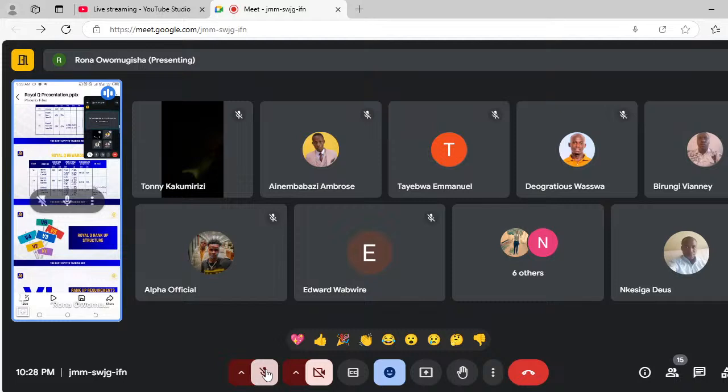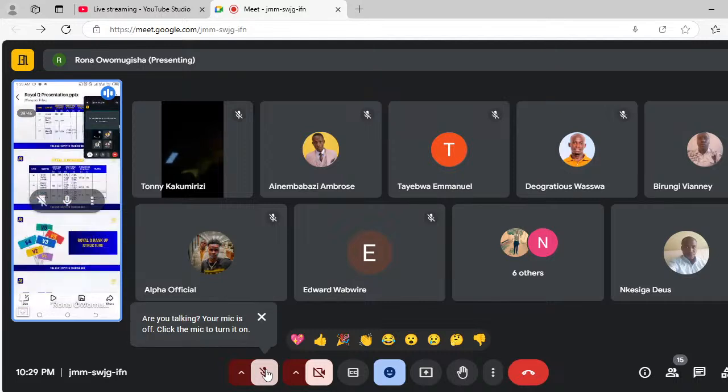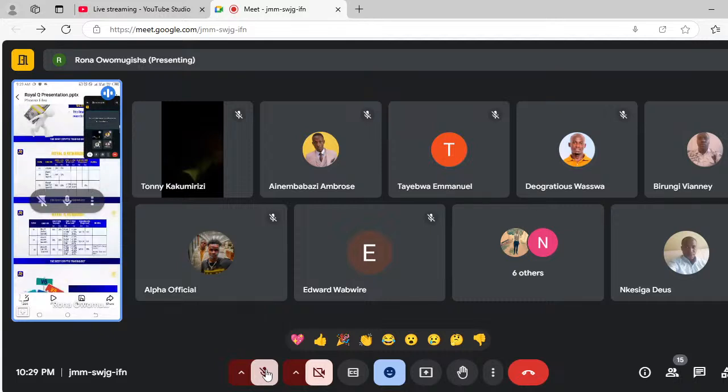Then on V6, we have that global dividend, active global dividend, which is given daily, and monthly global team reward, which is given monthly. So the Royal Q rank up structure, when you see it, ideally, you find that as you start, it is easy, but as you go down, the tasks increase.